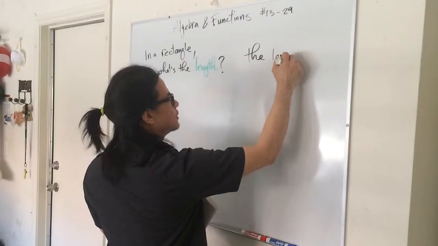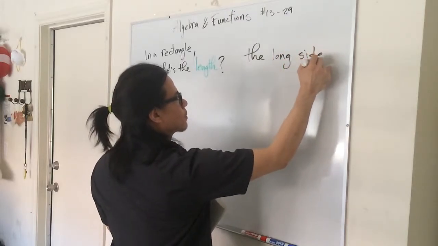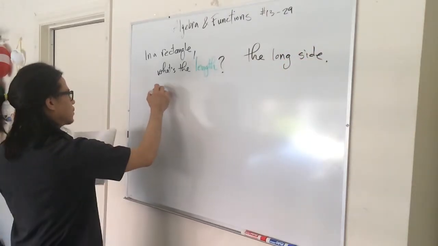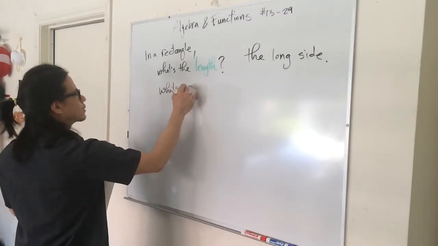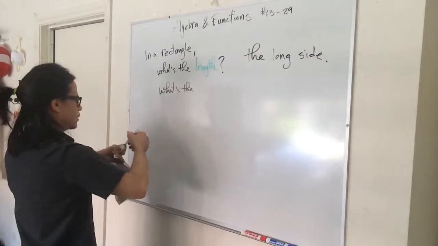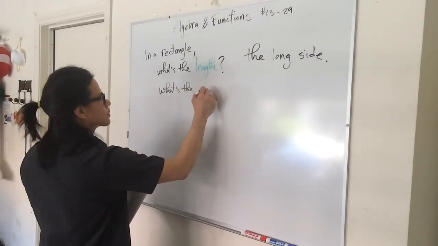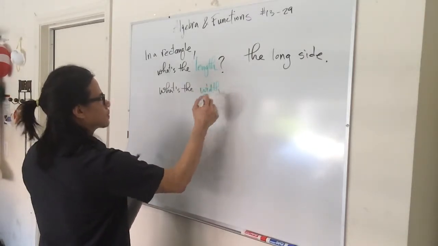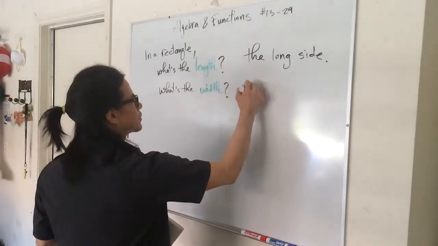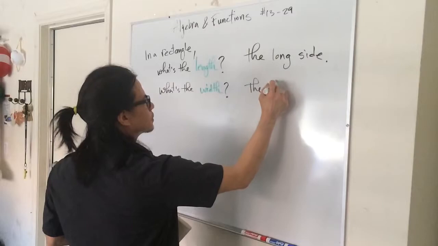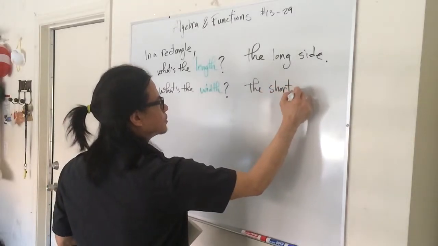Okay, the long side. So where there's length, there's going to be width, W-I-D-T-H. Often this is the short side of the rectangle.